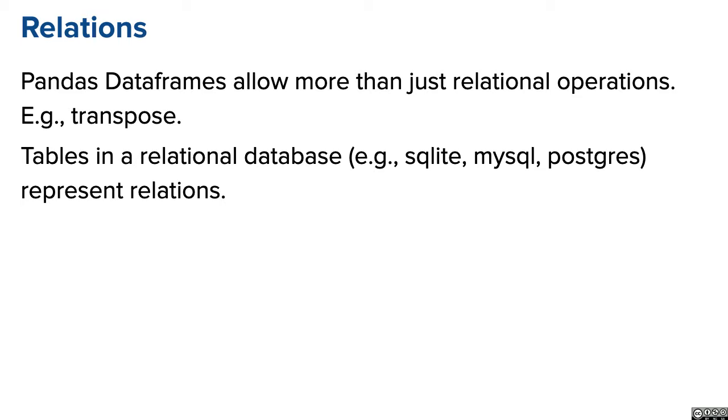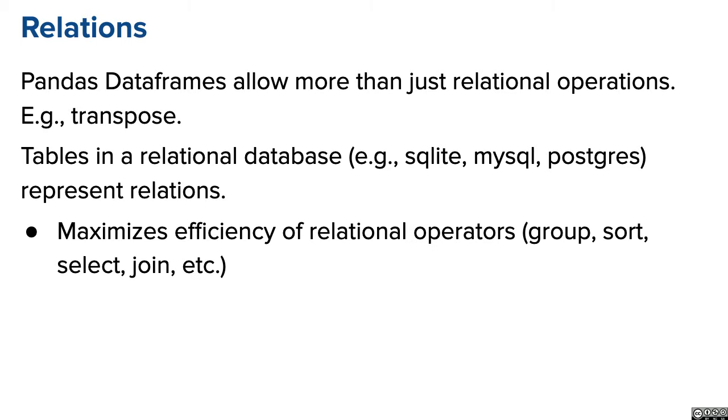Types of relational databases include SQLite, MySQL, and PostgreSQL, and those databases contain relations, and those relations are designed to allow some specific relational operators, including grouping, sorting, selecting, and joining, which we're going to talk about soon. Your takeaway is that if you work with SQL, you have a restricted subset of data manipulation operations you can do. But the trade-off is that although you have less flexibility, you have a lot more scalability, so you can work with larger data. Okay.